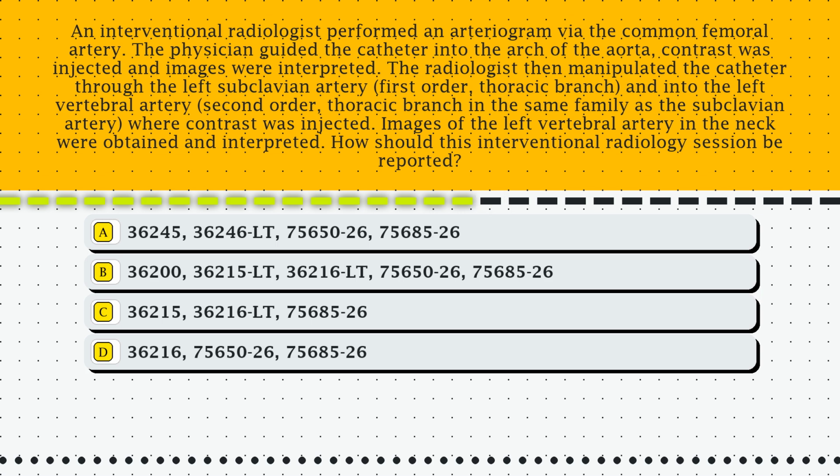How should this interventional radiology session be reported? Option A: 36245, 36246 LT, 75650-26, 75685-26. Option B: 36200, 36215 LT, 36216 LT, 75650-26, 75685-26.